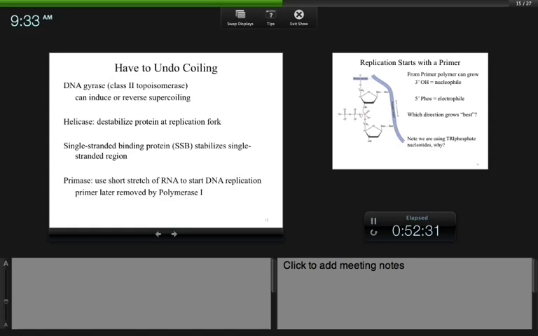Your SSB is looking at just the single strands to keep them protected and not being folded back on or forming back into the double-stranded DNA. So what you're referring to is absolutely true, but our gyrase is taking care of that, not the single-stranded binding protein.